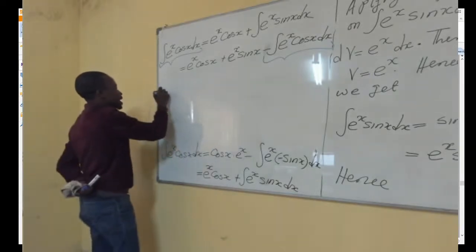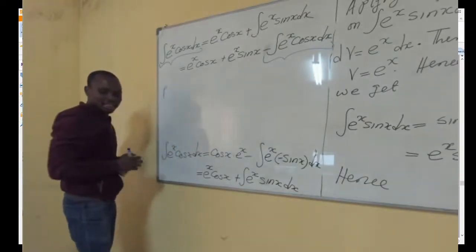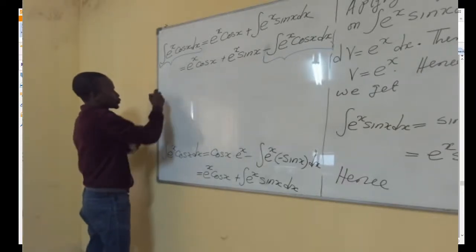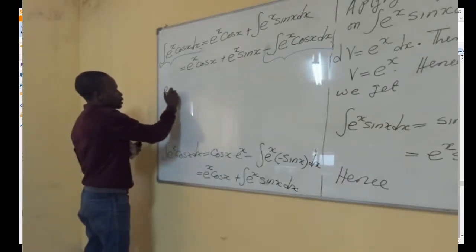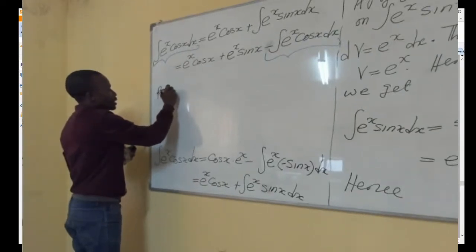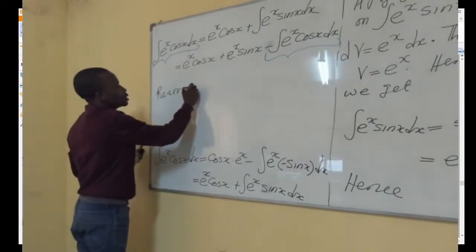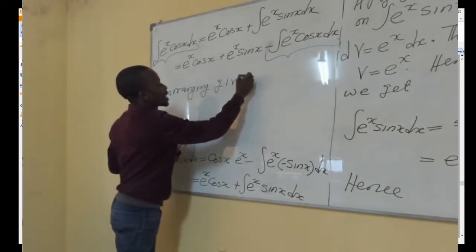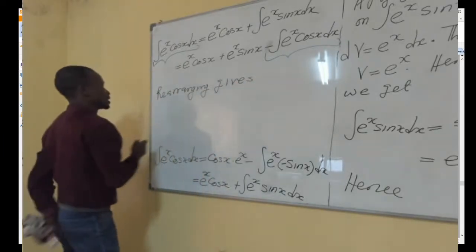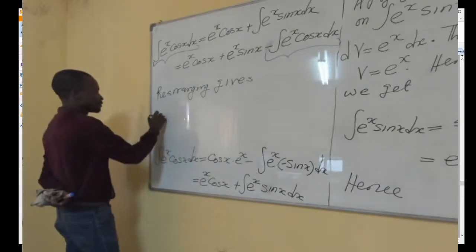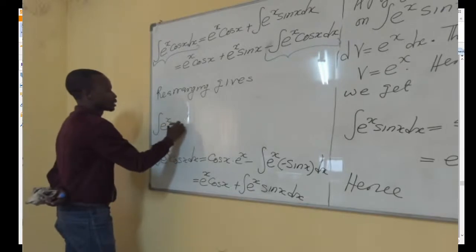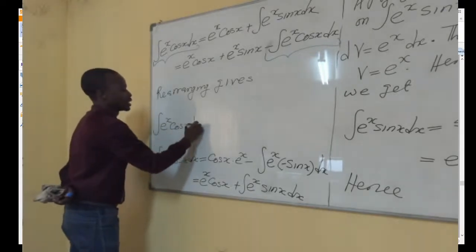So rearranging, if we rearrange this and simplify, what we are going to get is the integral of e power x times the cosine of x dx.